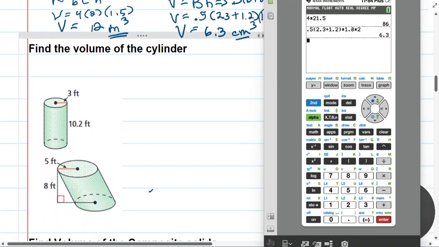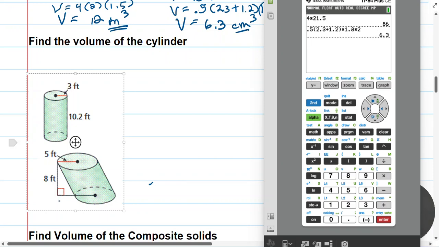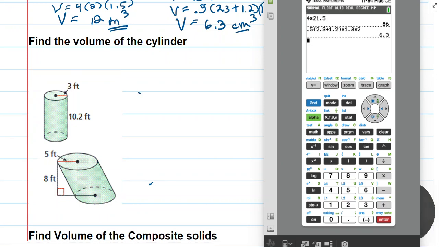Now we're going to a cylinder, and this is Cavalieri's principle, the second one, saying that we can do them both with the same formula. And in this case, volume is pi radius squared times the height. Volume is pi 3 squared times 10.2.